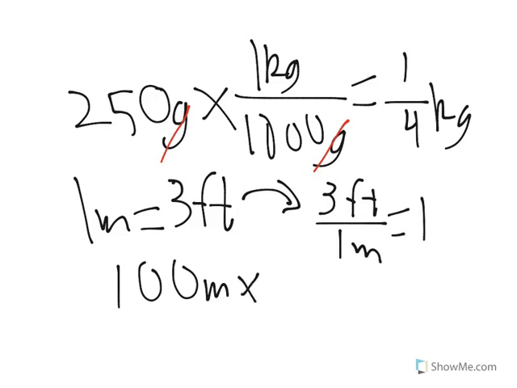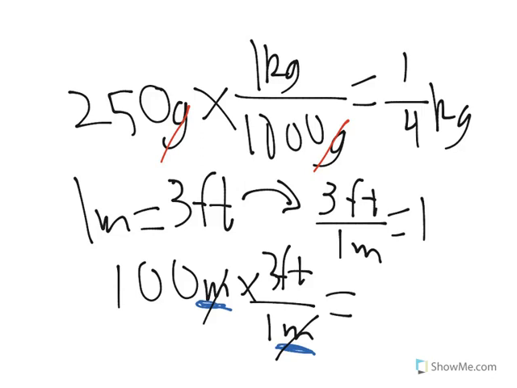So we multiply this out. 3 feet times 1 meter, and I could have put either meters or feet on top, but because meters is on top over here, I want it on the bottom over here. So meters cancels out, just like the variable we're treating it as, and 3 times 100 is a 300-foot run. That's about how long a 100-meter dash is.